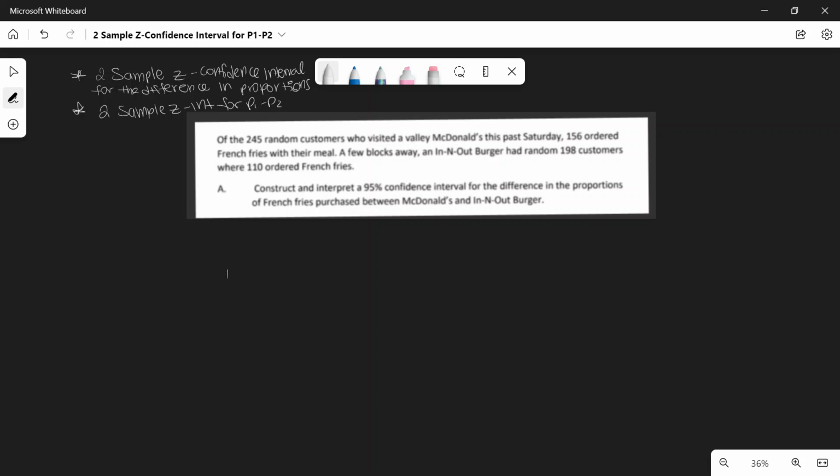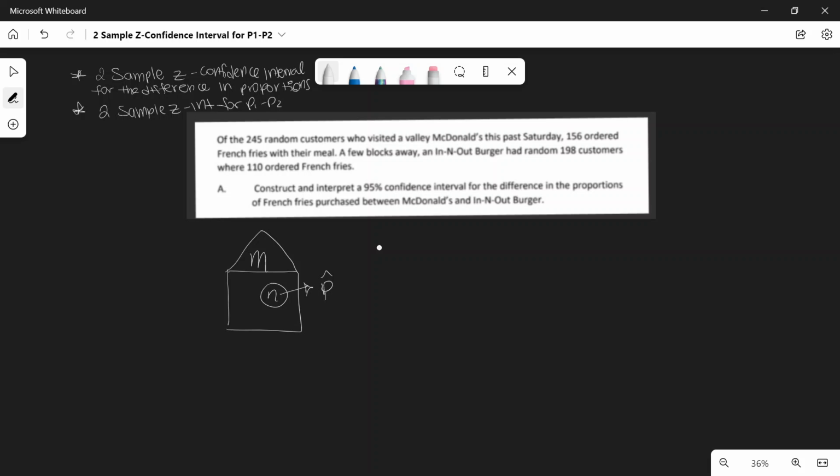So you have basically a McDonald's store, and I'm gonna make it a house. We're gonna call it M for McDonald's, and basically you want to see the proportion of those who ordered French fries with their meal, but we can't take all the customers who go to this McDonald's, so we take a sample of the customers who go to this McDonald's, and from that sample we take a proportion, right?